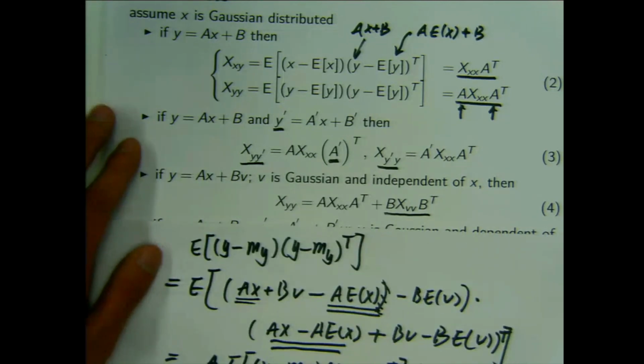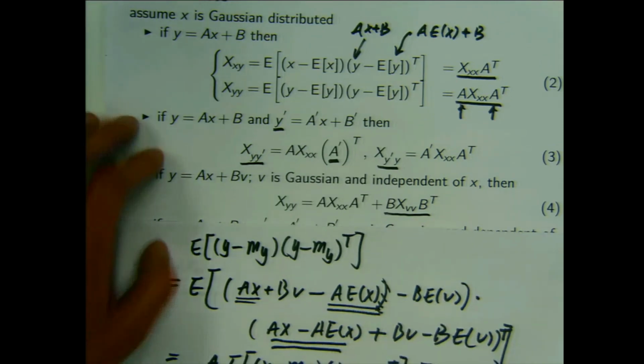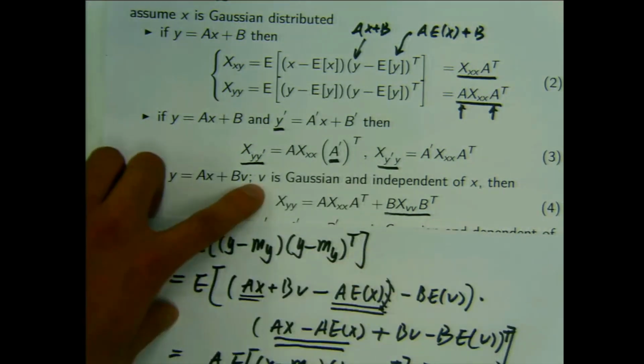The cross product term between V and X vanishes because V is independent of X. Okay?